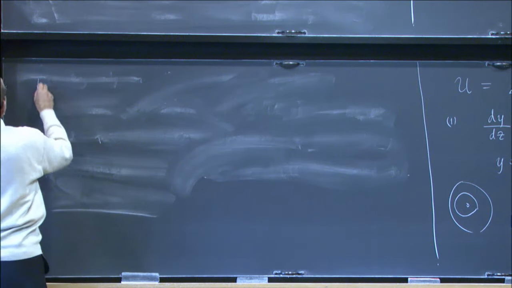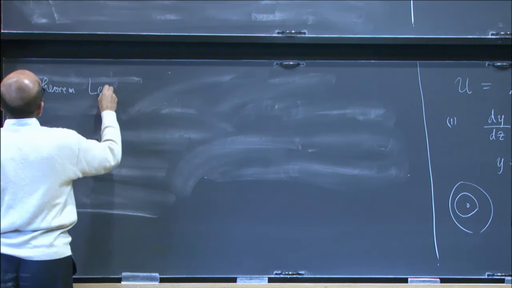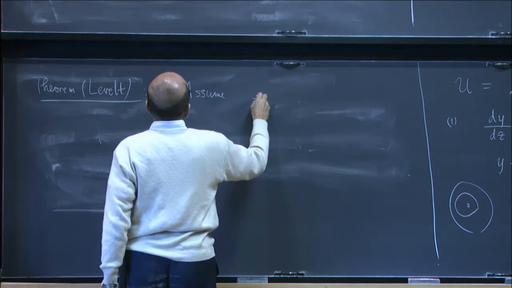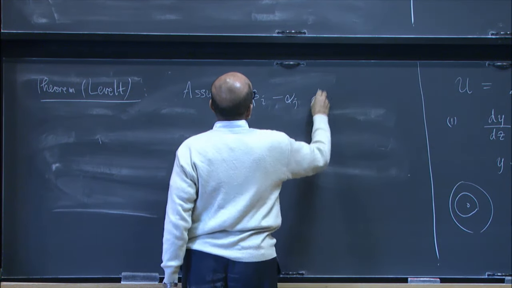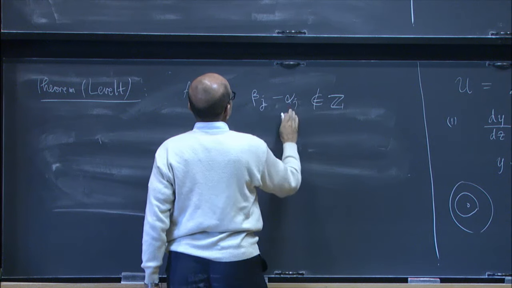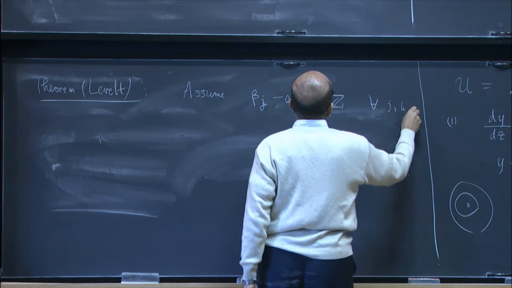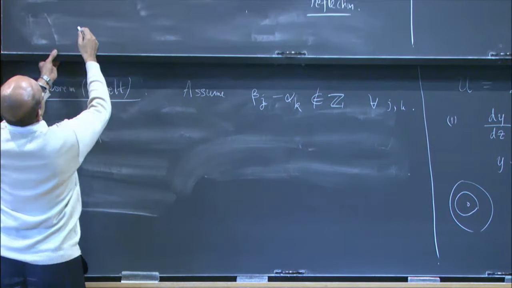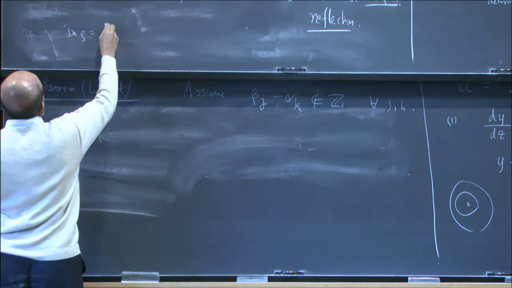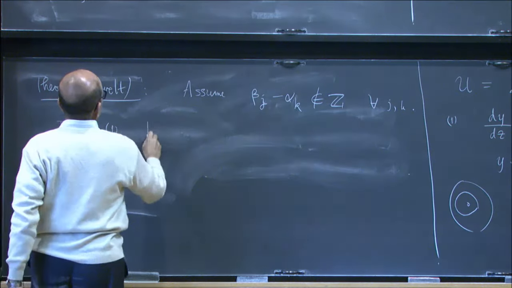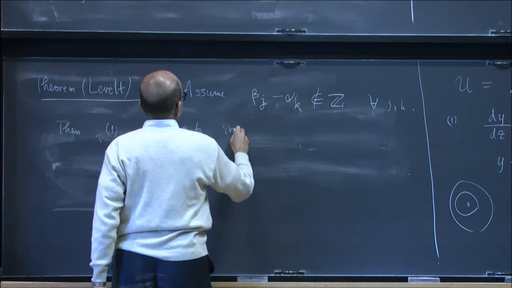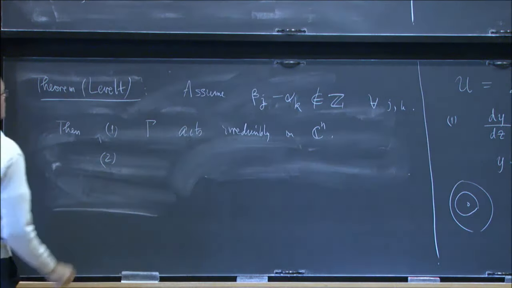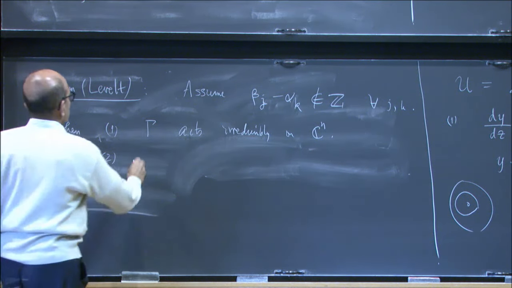So let me state the result. Assume that this is not an integer for all j, k. Then first of all, we had denoted the image of rho to be gamma. Then the monodromy action acts irreducibly on C to the n. There exists one representation.